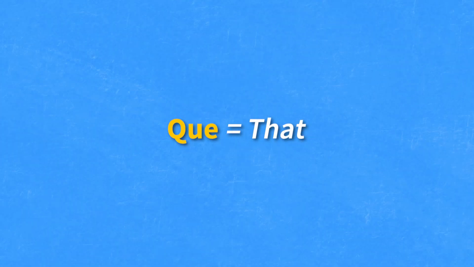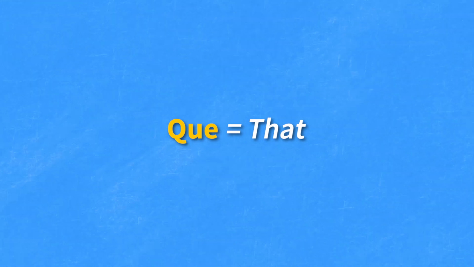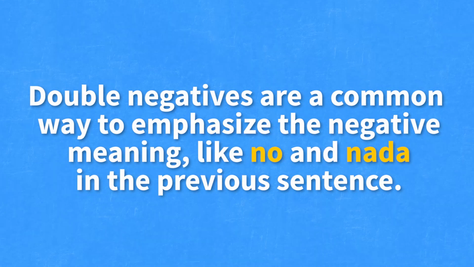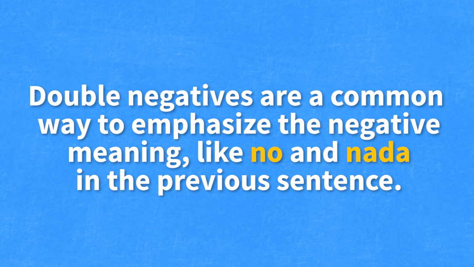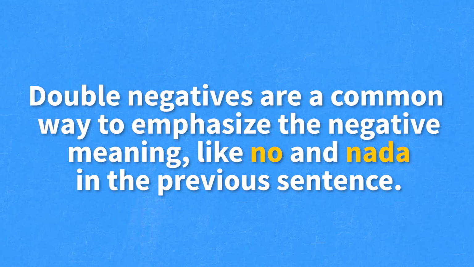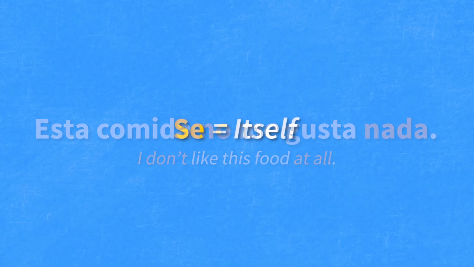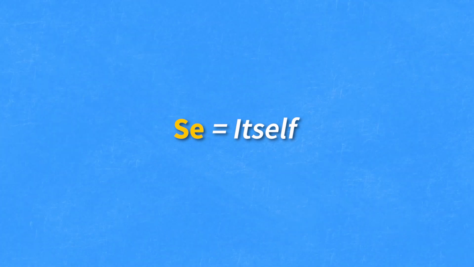Que means that, and this word lets us know that this line is connected to the previous one. No means not. In Spanish, double negatives are common and emphasize the negative meaning, like no and nada in the previous sentence. Another example of a double negative would be, esta comida no me gusta nada. Se means itself. It is an impersonal pronoun that you can use to point out the event that is being discussed.